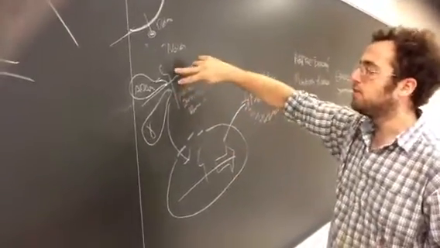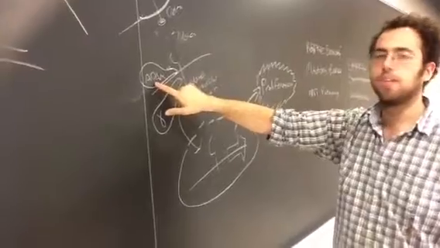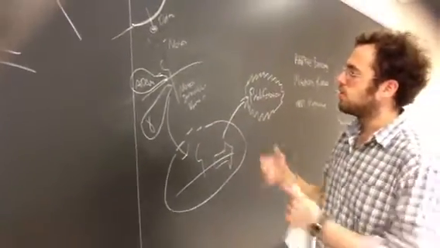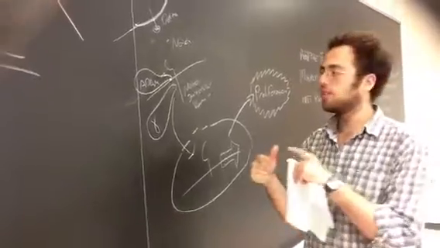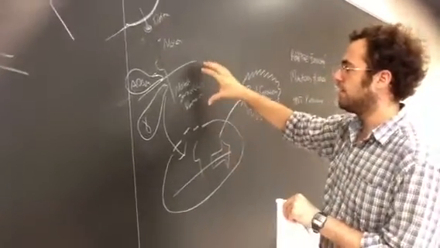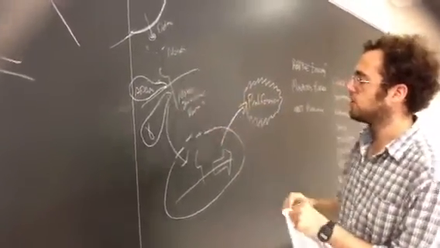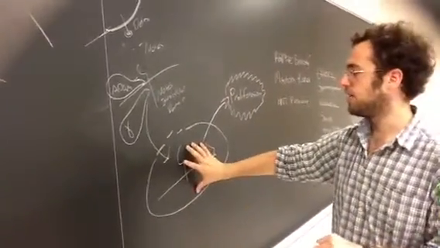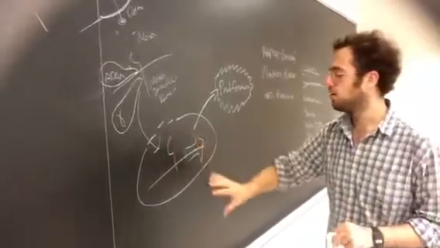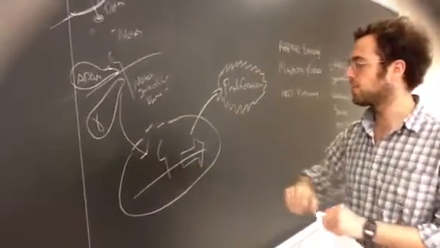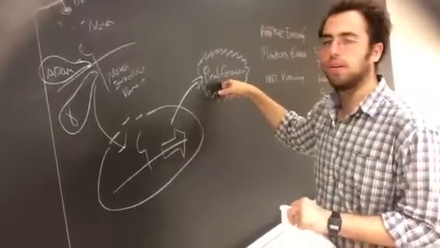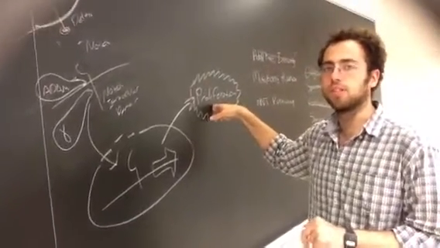It gets cleaved by two different proteases. One is ADAM, and the other is gamma secretase. Once those two proteases cleave it, the Notch intracellular domain is free to localize to the nucleus. Once it goes to the nucleus, it acts as a transcription factor and induces proliferation.